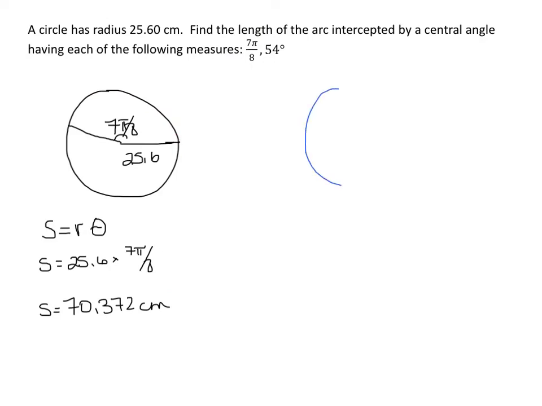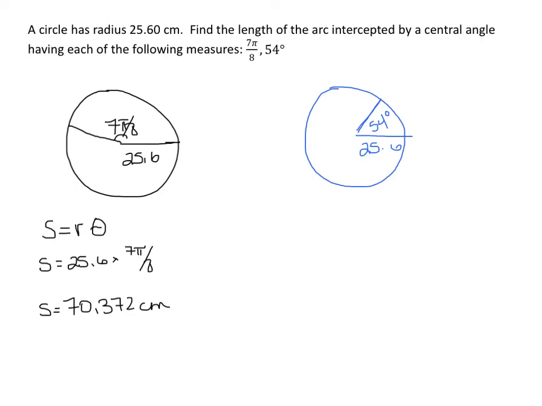Taking a look at the next one, same radius of 25.6. But this time I have an angle of 54 degrees. Well, remember the rule, theta must be in radians.